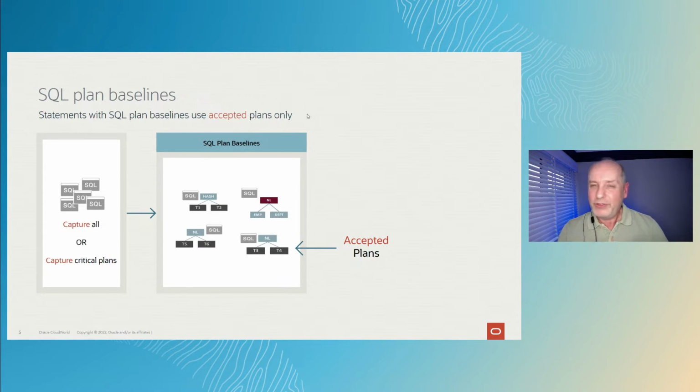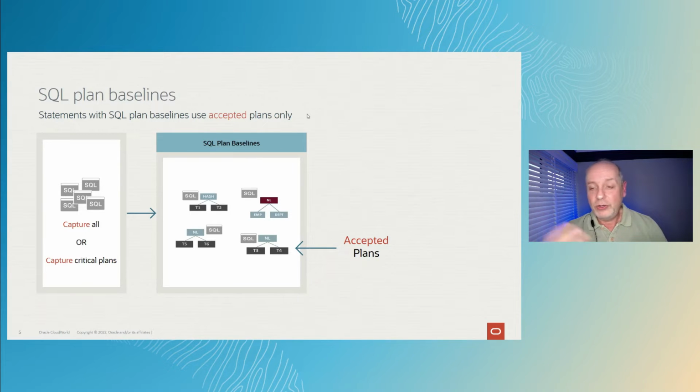So what does it look like? Well, SQL plan baselines, as I mentioned, are stored in the data dictionary, and we have to capture them. There are lots of different ways of capturing SQL statements and their execution plans. You can take them from different sources like AWR, from the cursor cache, and in fact automatically as well.